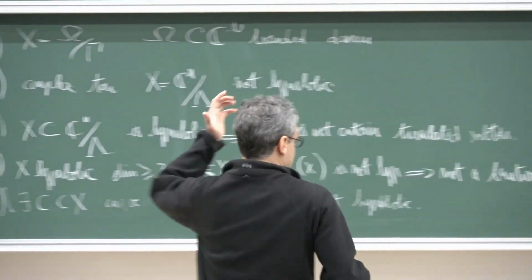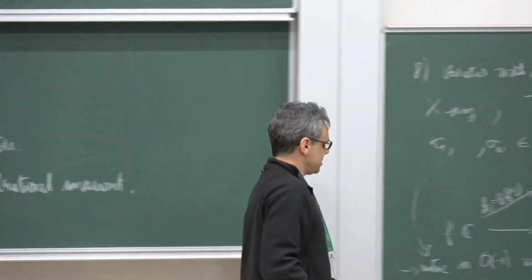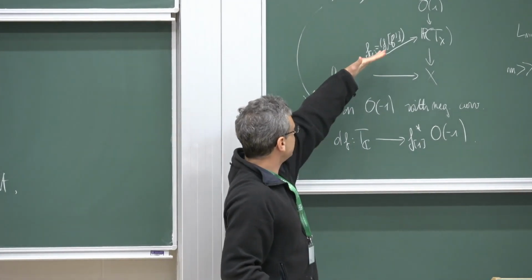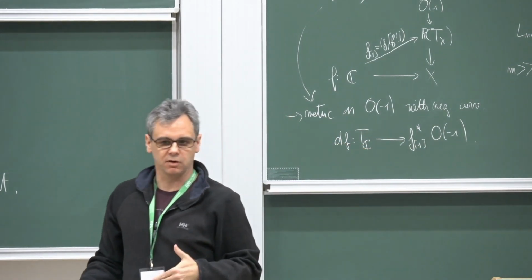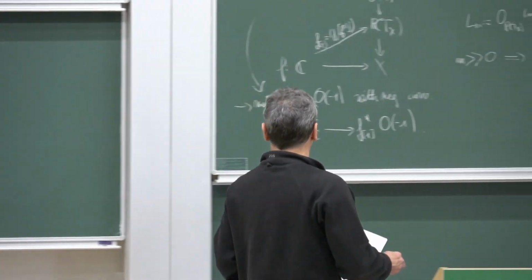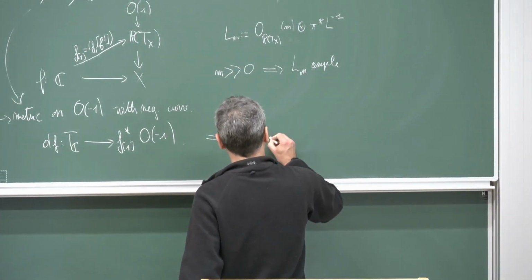And so the same argument gives you that if you have a non-constant map, this will give you a non-constant lift, and you would, by pullback, produce a metric of negative curvature on C. And you conclude again by Ahlfors-Schwarz. It's the same. So you conclude that f is constant.